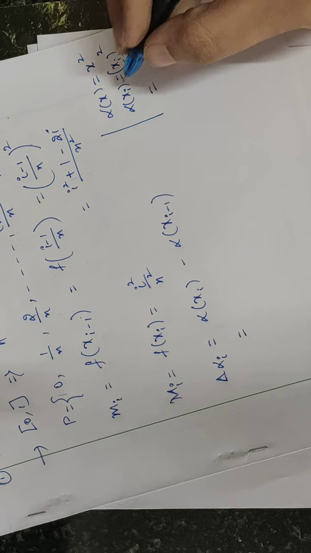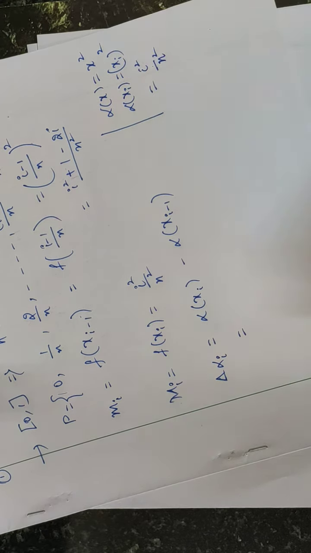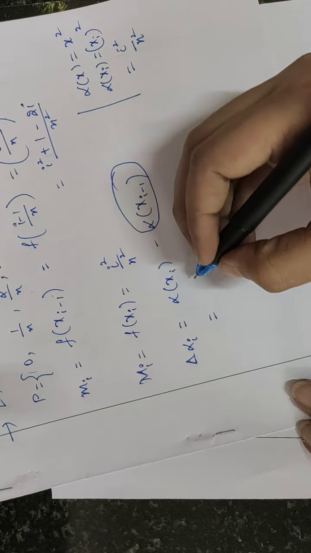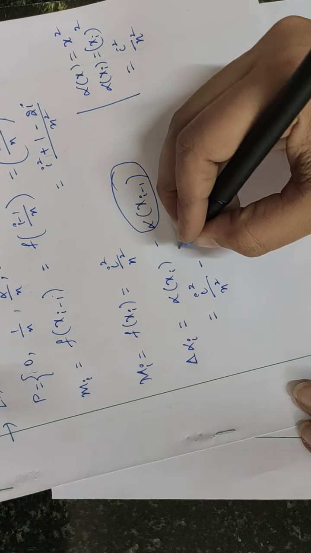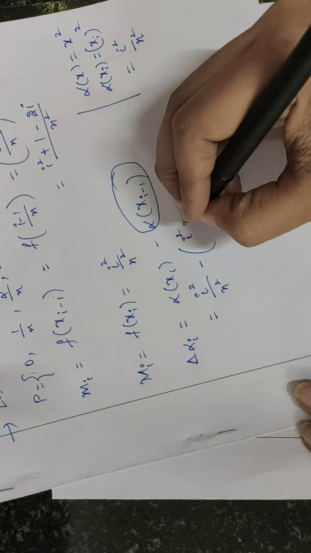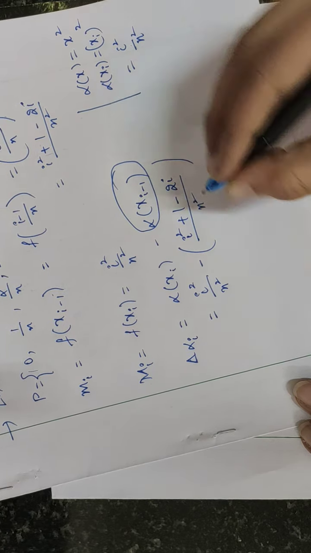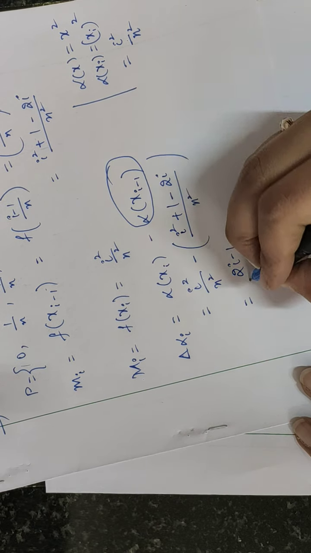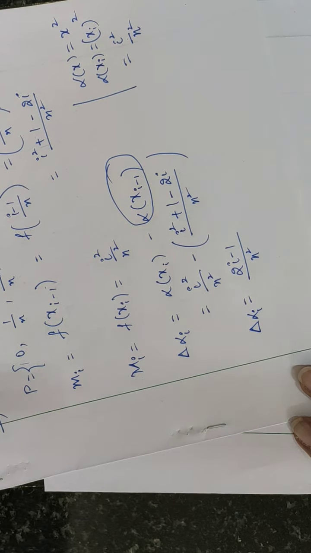What is x_i whole square? It is i square by n square. Similarly find alpha of x_{i-1}. So you will get i square by n square minus (i square plus 1 minus 2i) by n square. If you simplify this, you will get (2i minus 1) divided by n square. This is my delta alpha_i.